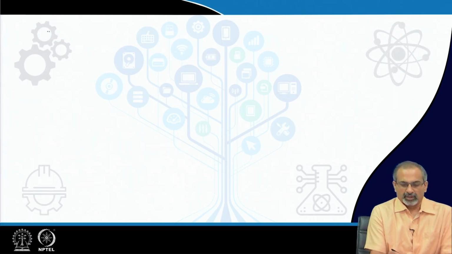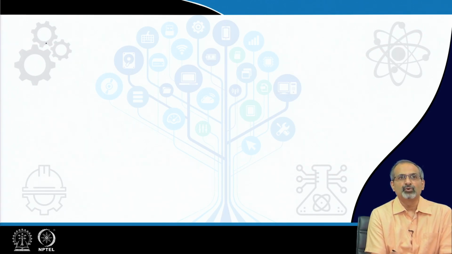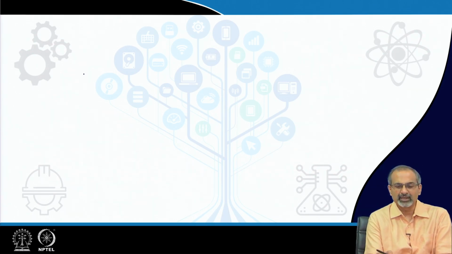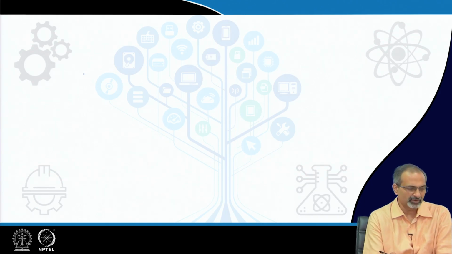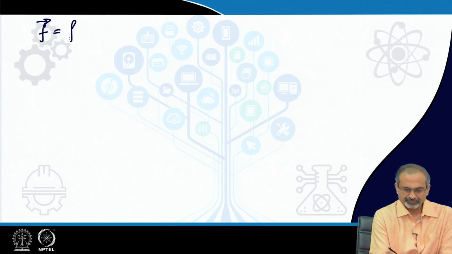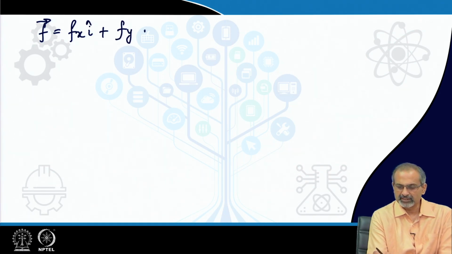Now, if you look at gravity, for example, gravity will not play a role when you are handling low density fluids like gases. So, in aerodynamics we do not care much about gravity, but nevertheless for the sake of completeness you can say that the body force vector in Cartesian space can be represented using its components f x, f y, f z.